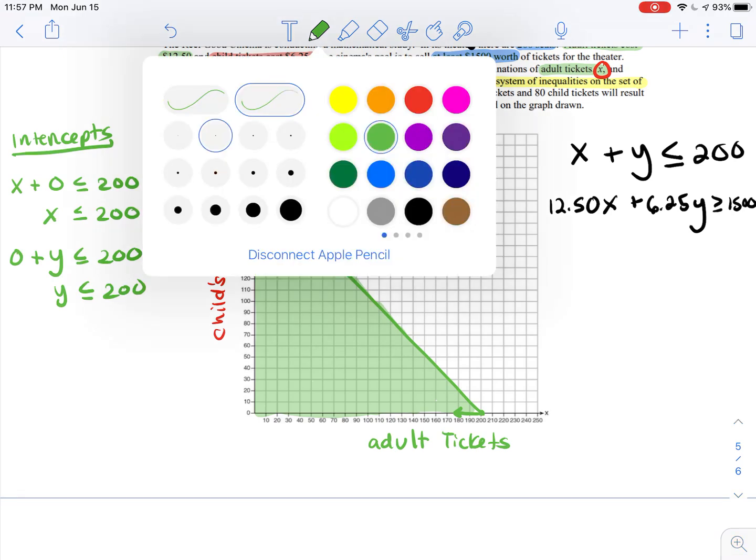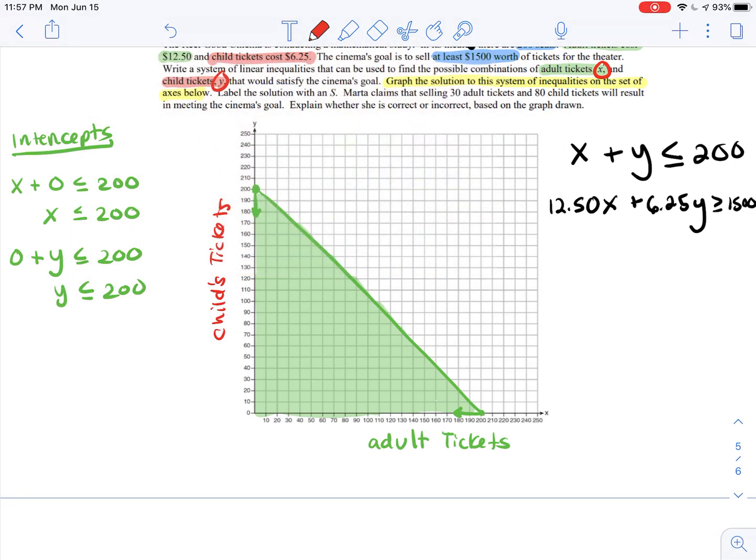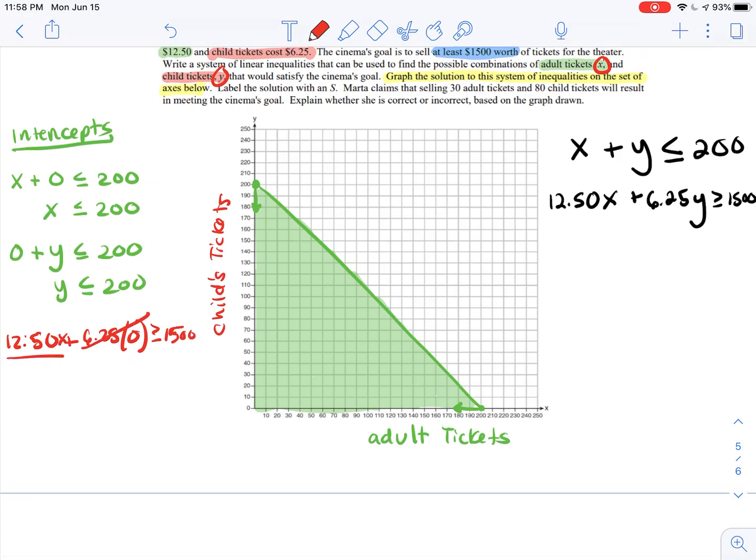Okay, so now let's do the money equation. We have to find our x-intercept: $12.50x plus 6.25 times 0 is greater than or equal to 1,500. This time the 0 term goes away, and I can divide out the $12.50 on both sides to get x is greater than or equal to 1,500 divided by 12.50, which is 120.